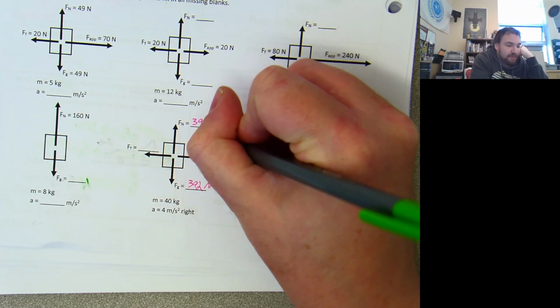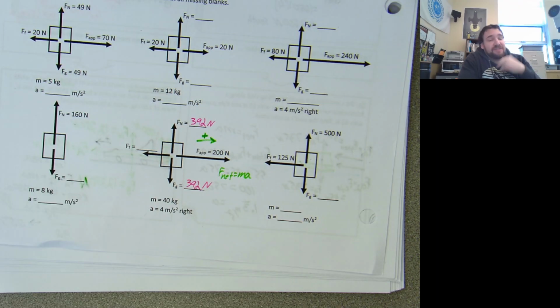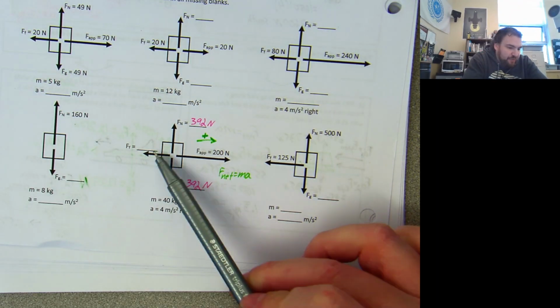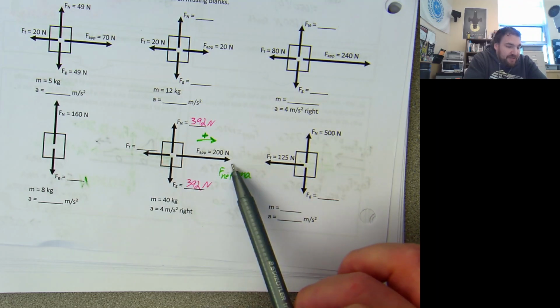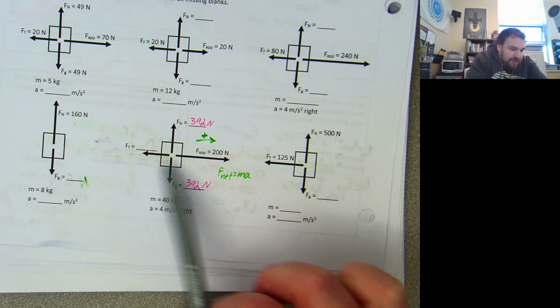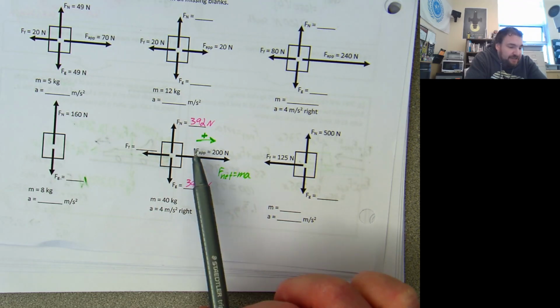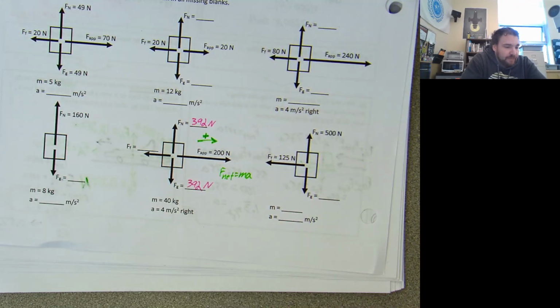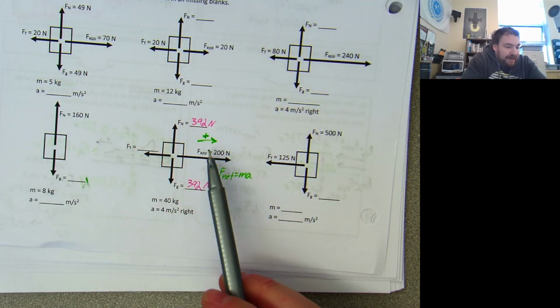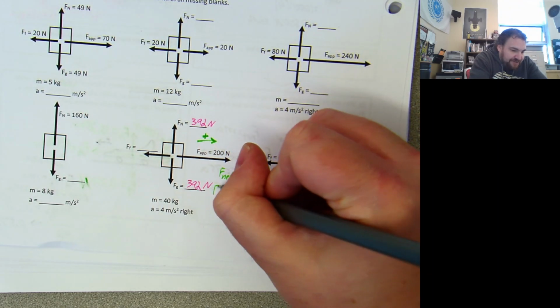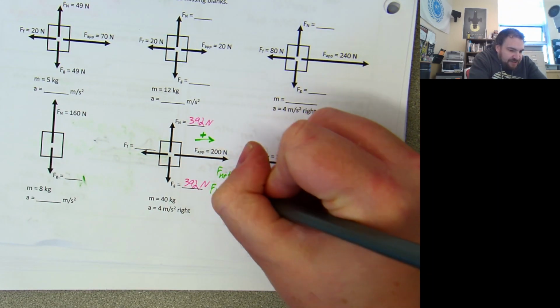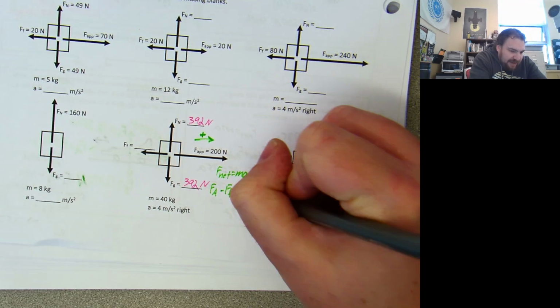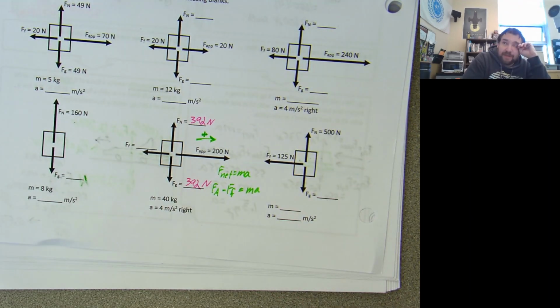Okay. If to the right is positive, the thing's moving to the right, so when we're talking about F net, we need to bring in all of the forces that are acting left or right. So we're going to have the applied force Fa minus the force of friction equal to the mass times the acceleration, and now we can just plug all that in.